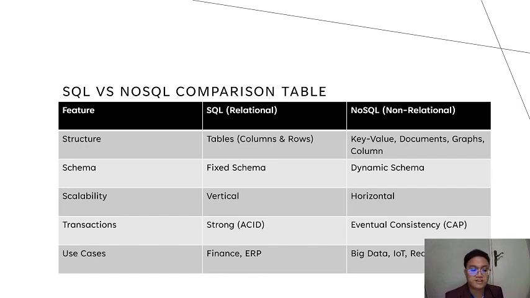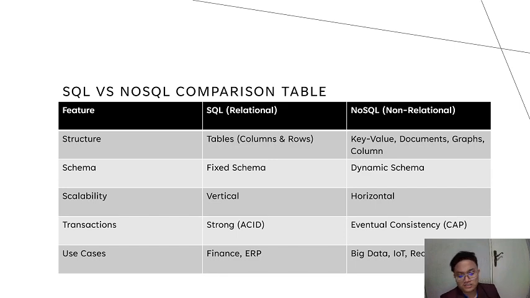And in terms of scalability, SQL databases are often scaled vertically, whilst NoSQL databases are often scaled horizontally. And in terms of transactions, SQL databases offer stronger transaction support because they fully comply with ACID properties.